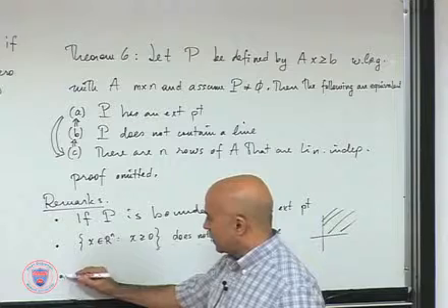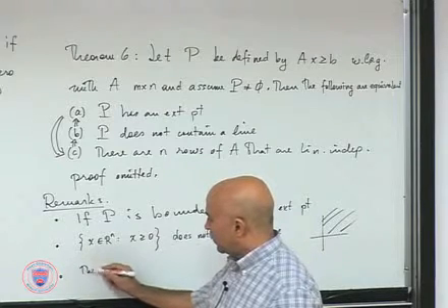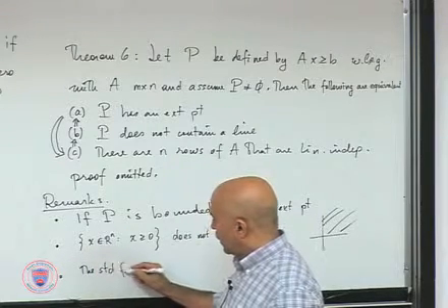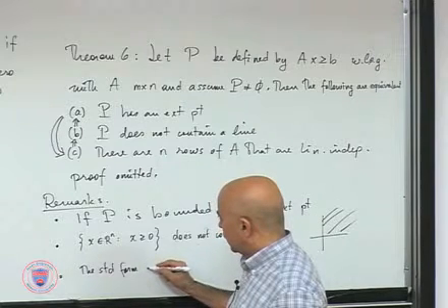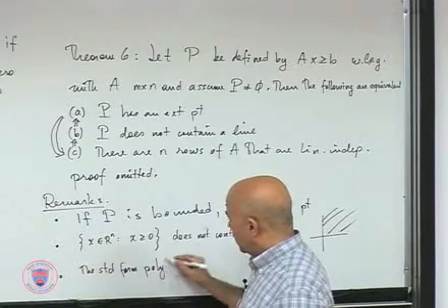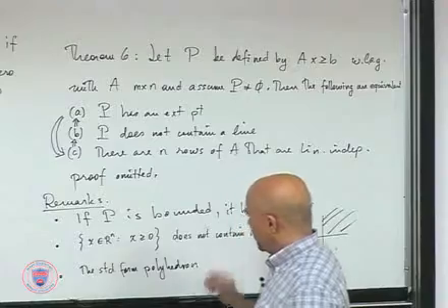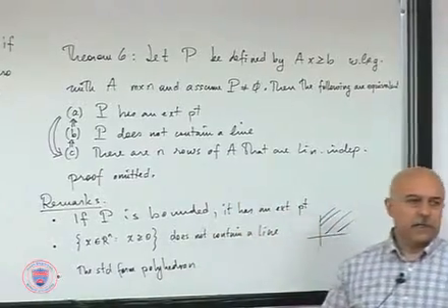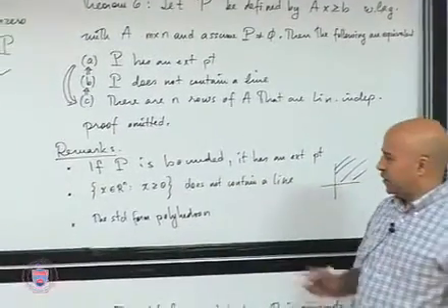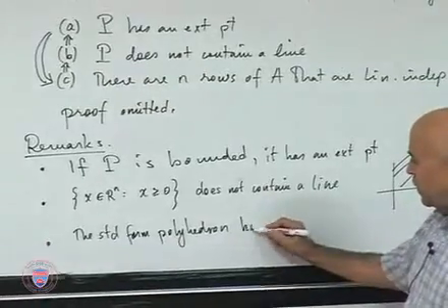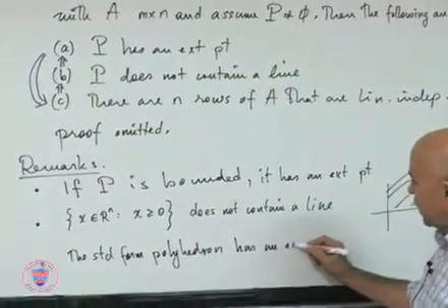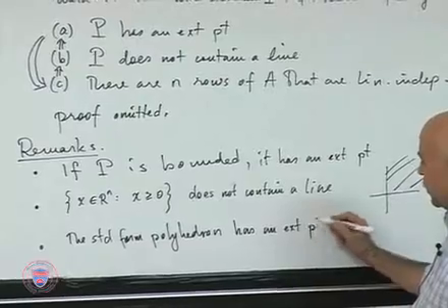For this reason, the standard form polyhedron always contains an extreme point. It always has an extreme point. Why?